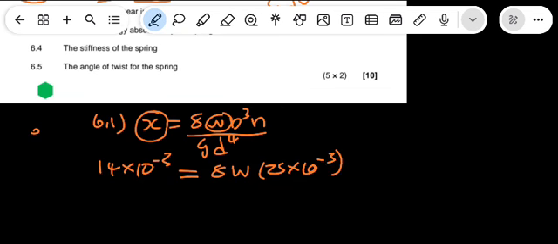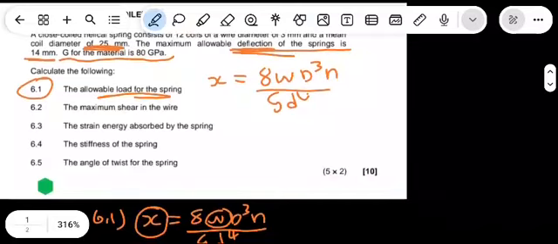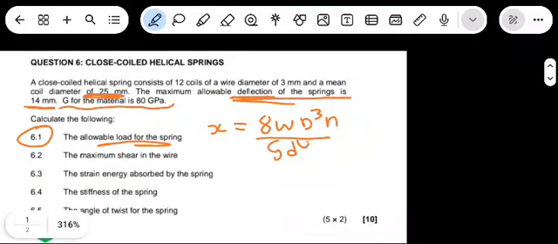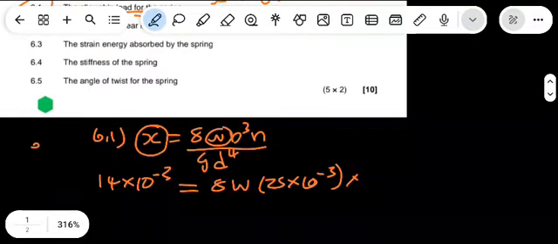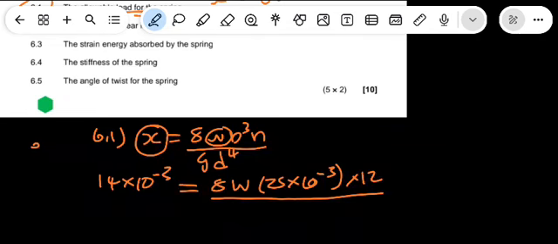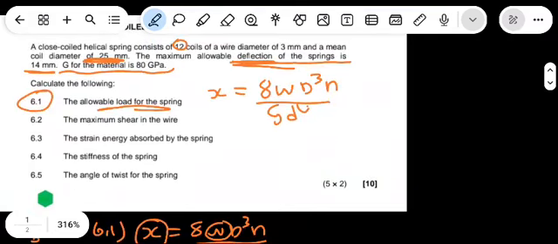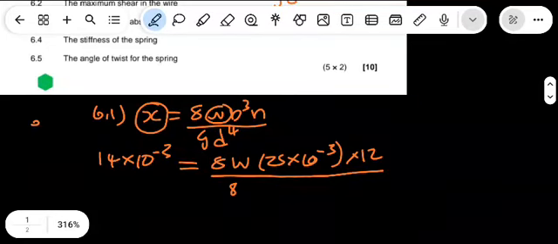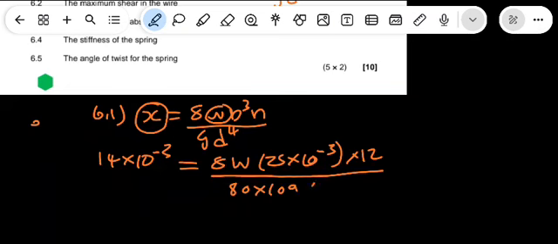Multiply by the number of coils, which is 12. We have 12 coils. Divide by G, we're given it's 80 gigapascal. This is the diameter of the wire.